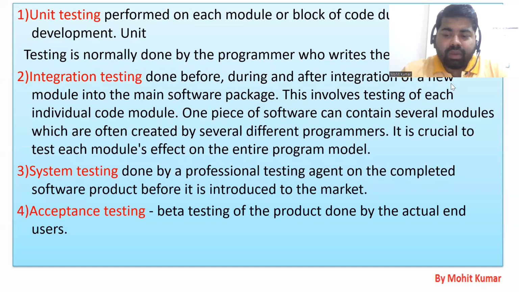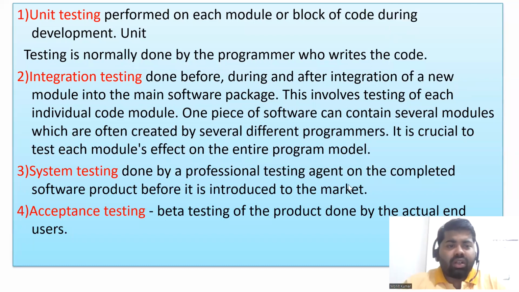I have given some overview of the definitions, but we have already discussed all of them. Unit testing is performed on each module or block of code during development, as a unit. It is normally done by the developer or programmer who writes the code. Integration testing is done before, during, and after integration of a new module into the main software package.